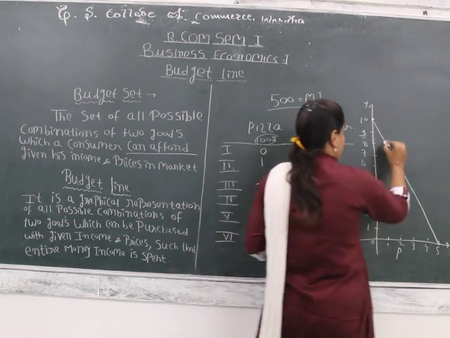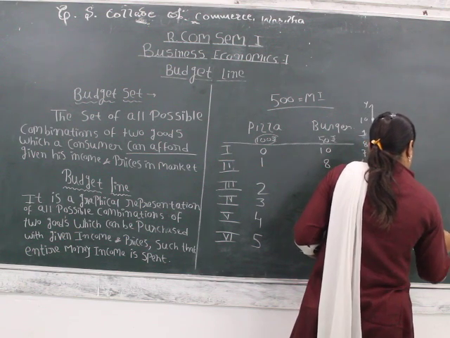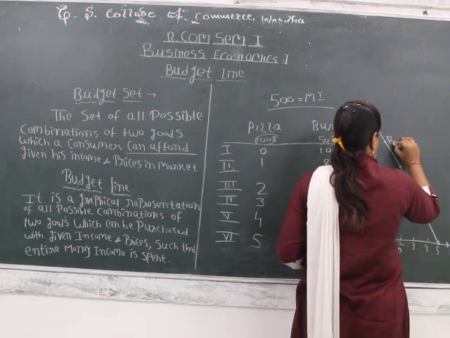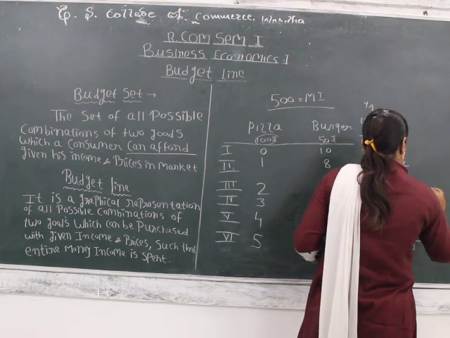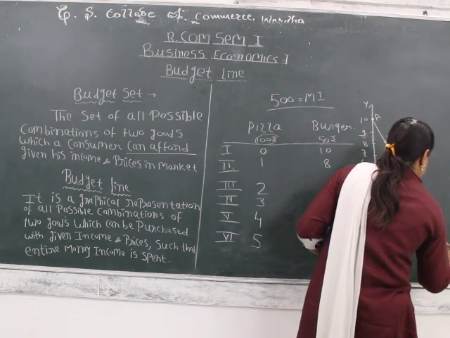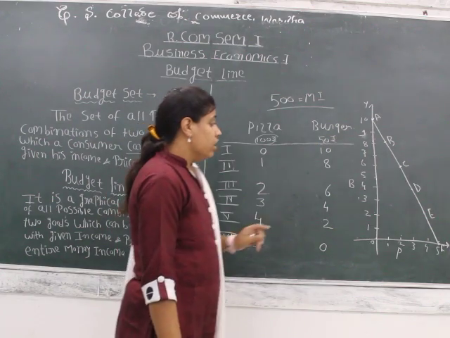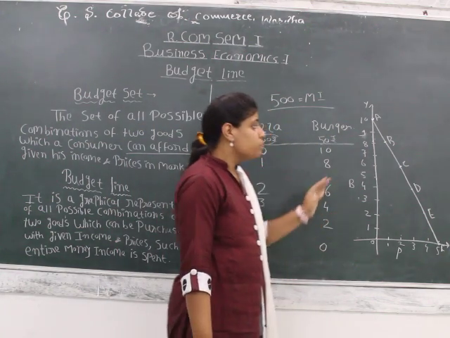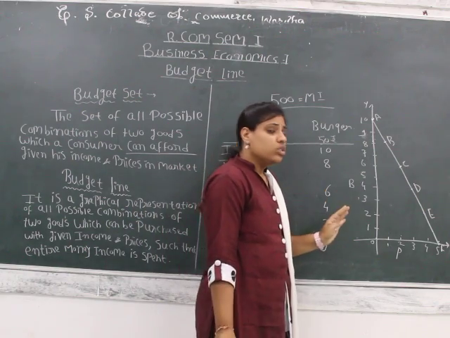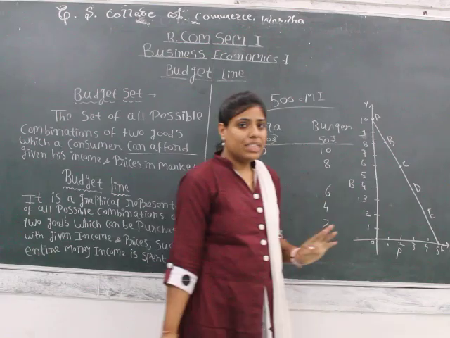It is known as the budget line because it shows the different combinations of commodities that a consumer can buy with his disposable money income. When the consumer spends his entire money income of rupees 500, he can buy any of the combinations lying on this budget line.